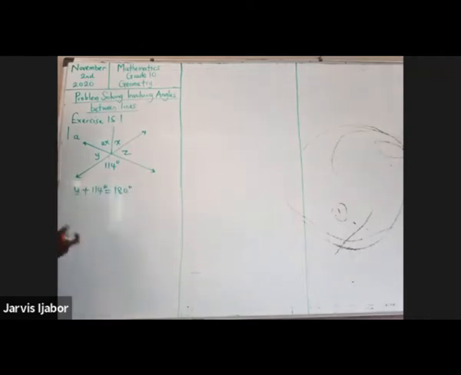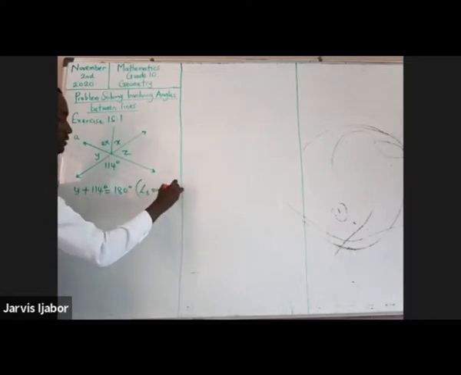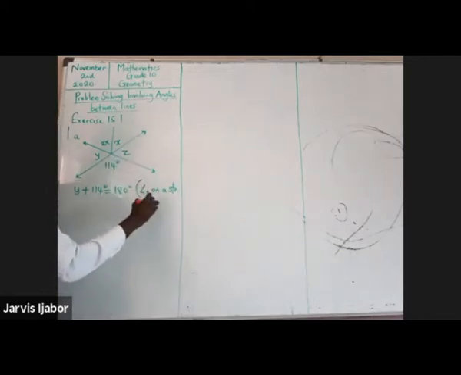Sometimes I don't put, at the end of the problem, I indicate what my answer is. Now, this is an interesting aspect you need to learn. This is the symbol for angles on a straight line.